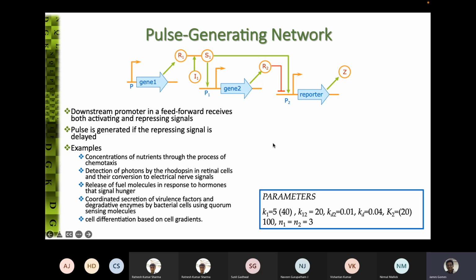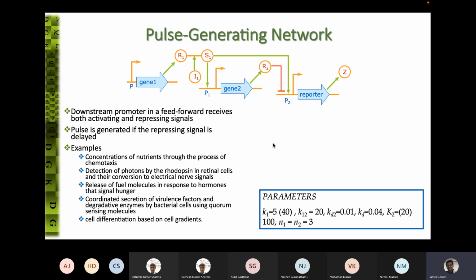Now there are different kinds of purposes for these kinds of cascades. What I showed you earlier was just a cascade to show you that something is getting switched off. So just one event is taking place. At the end of it, you are essentially using I1 to act on R1, which will then release from the promoter site P1, so that you get the synthesis of R2.